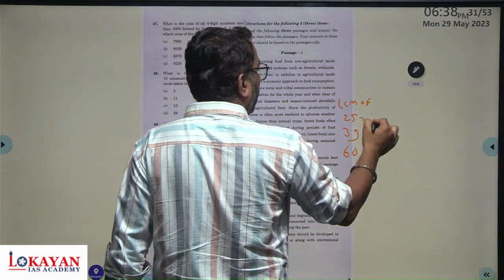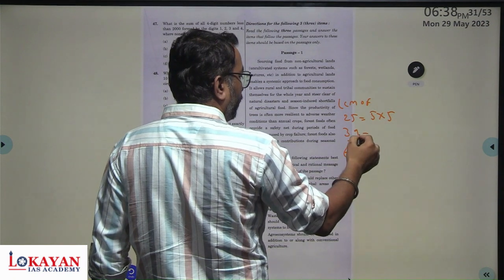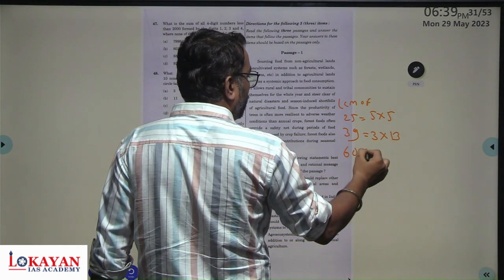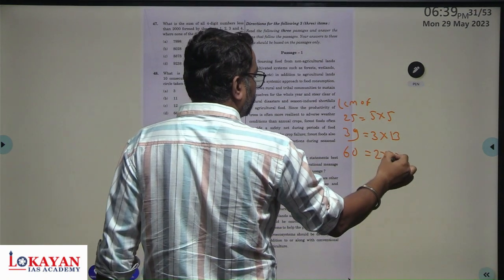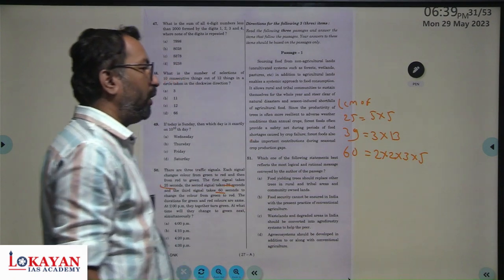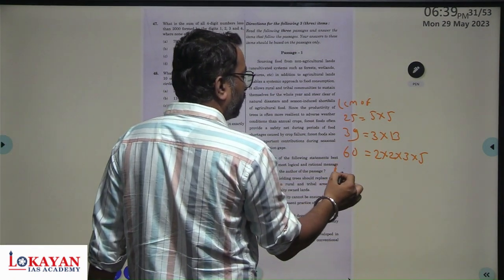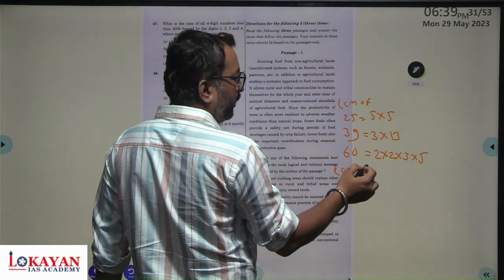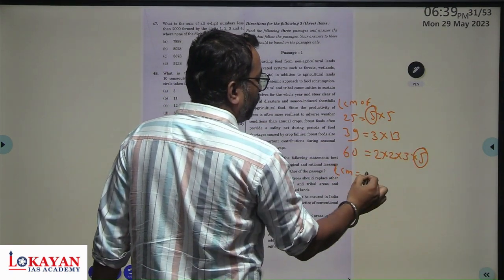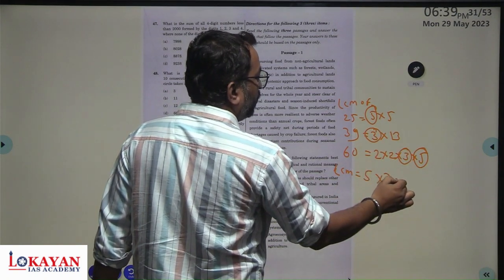25 के factors हो गए 5 into 5, 39 के factors हो गए 3 into 13 और 60 के हो गए 2 into 2 into 3 into 5. So LCM will be, now see, here is 5, here is 5, so there will be one 5, 3 and 3, here will be one 3.